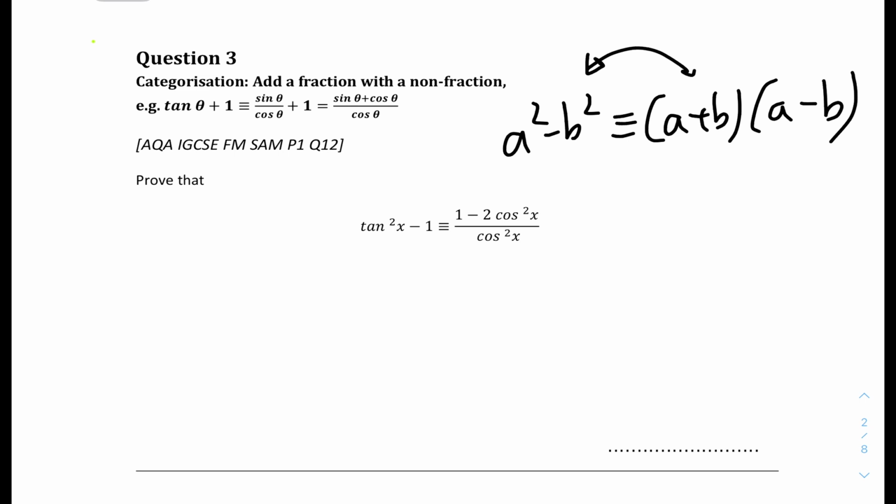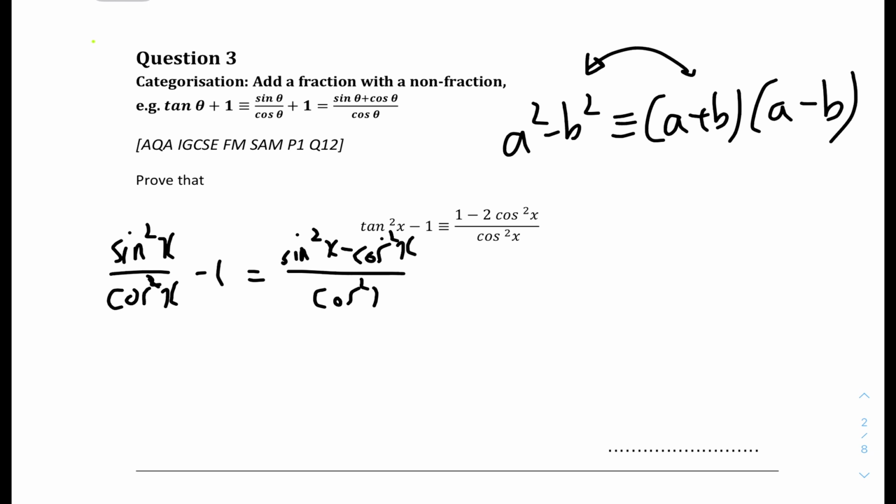So what we can do is first ignore the right side, because we have to prove that. So we'll focus on the left side. Tan squared x can be written as sine squared x over cos squared x minus 1, and combine the two together to get (sine squared x minus cos squared x) all over cos squared x. And I can change this sine squared x to 1 minus cos squared x, which from just now was one of the Pythagorean identities.